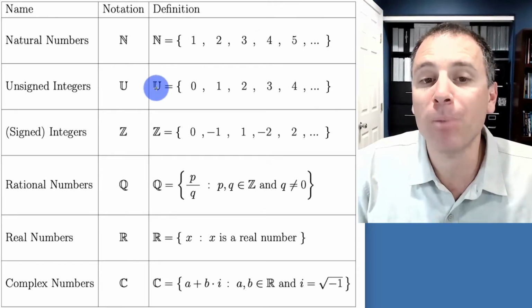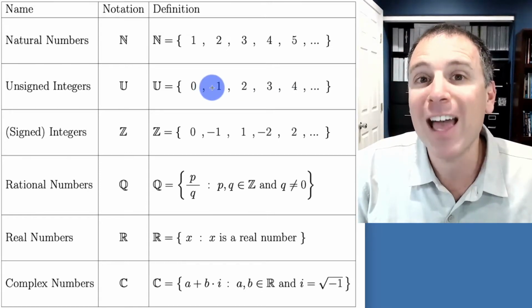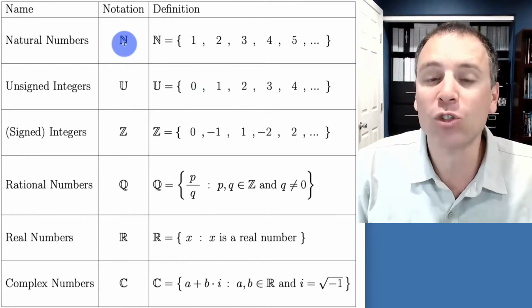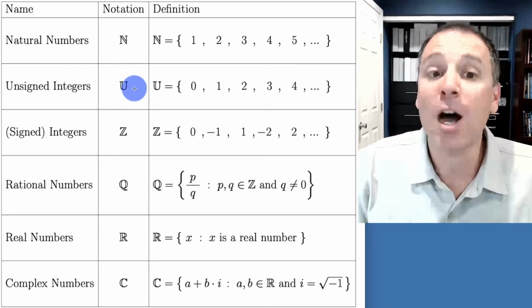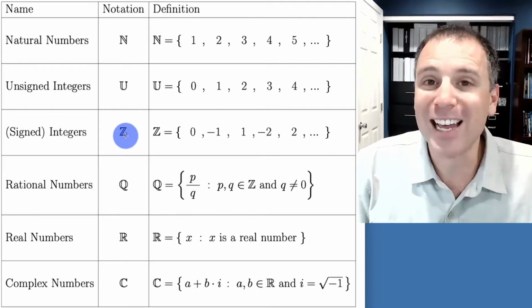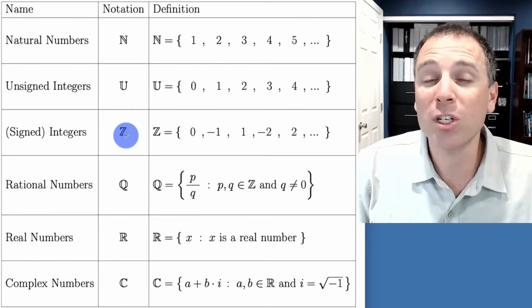Anytime you see blackboard U, we're going to see that as the set 0, 1, 2, 3, 4, all the way up to infinity. It's the non-negative counting numbers, or the natural numbers plus 0. Those three sets, the natural numbers, the unsigned integers, and the signed integers, are the sets of integers that we're going to focus on in this course.